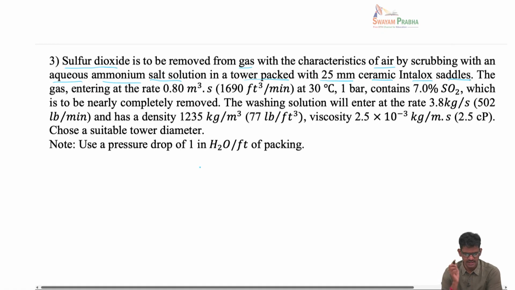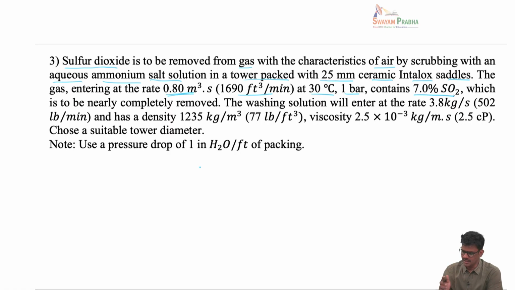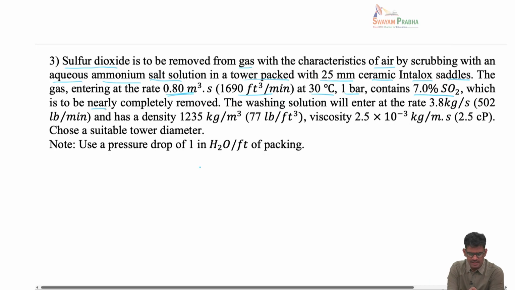The gas entering at a particular volumetric flow rate, it is also given in terms of English units, feet cube per minute, and the corresponding temperature, pressure, and the composition of sulfur dioxide is also mentioned in the gas phase, and this needs to be nearly completely removed. Okay, basically we are looking for pure gas.